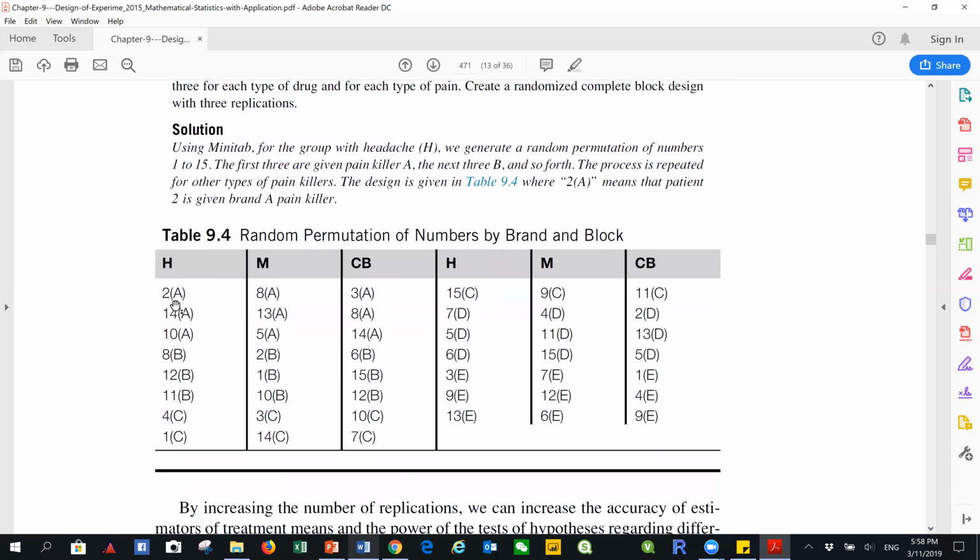Otherwise, you see 1, 2, 3, 3A, 3B, 3C, 3D, and 3E, and so forth for H. Then move on to block M, where you have 3A, 3B, 3C, 3D, 3E. And then move on to C, cuts and bruises, 3A, 3B, 3C, 3D, 3E.